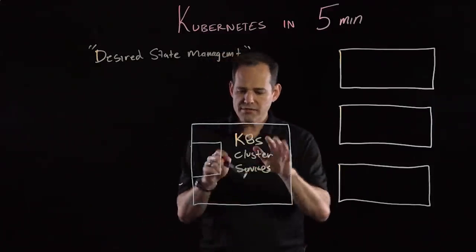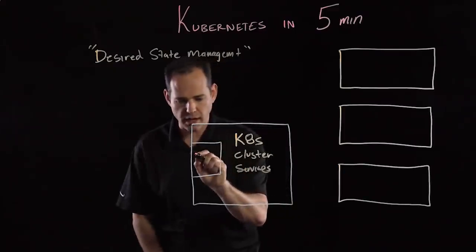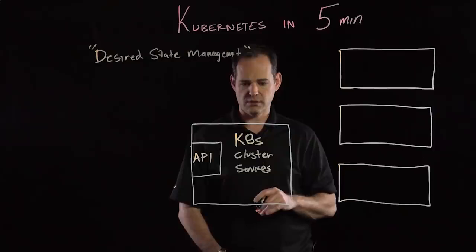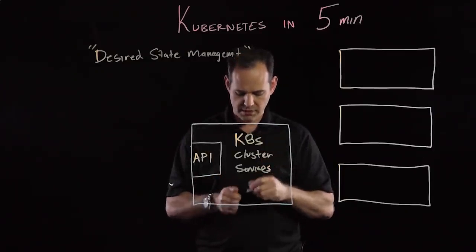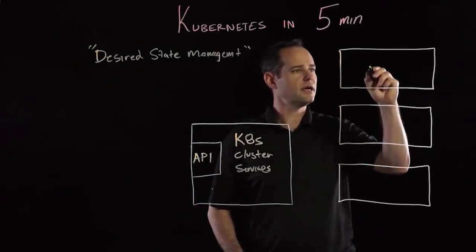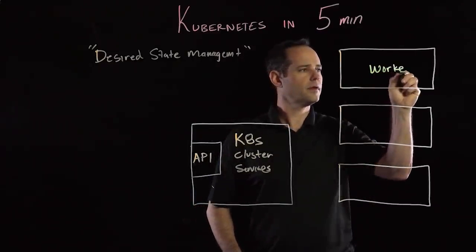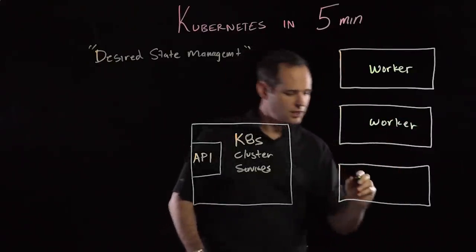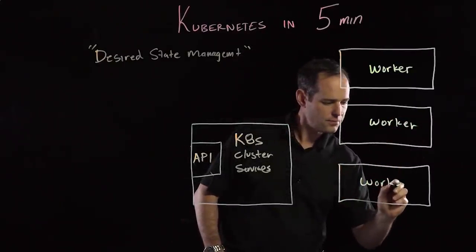One of the main components that I do want to call out is the API that sits in front of all this, the API services. That is one building block of the system. The second building block is this thing called a worker. What is a worker? A worker is really just a container host.